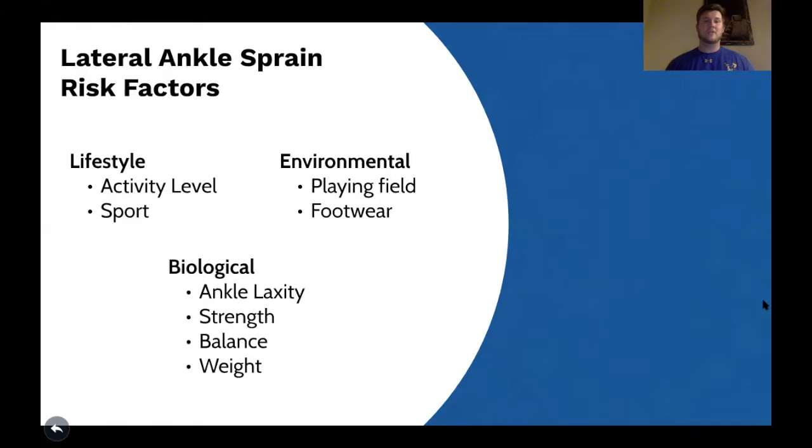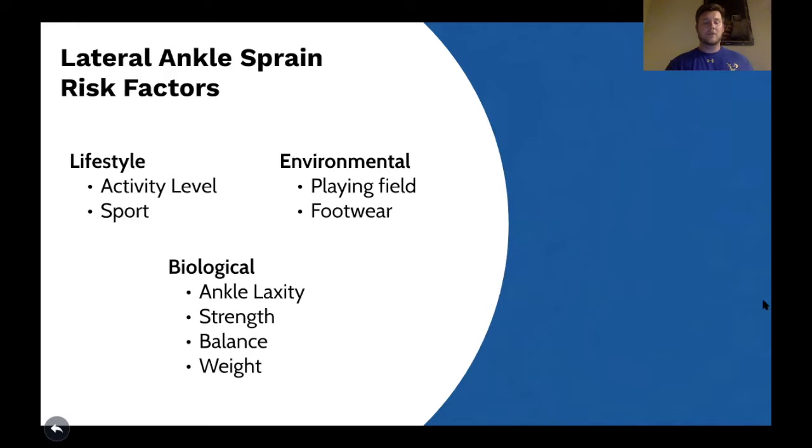Is it turf? Is it grass? How well is the field kept? Is the field wet? What's their footwear? And then biological risk factors as well, such as what's the laxity or integrity of the ligaments, muscular strength, their poor balance, and there's even some other kinds of intrinsic factors such as potentially weight or height involved in that as well.